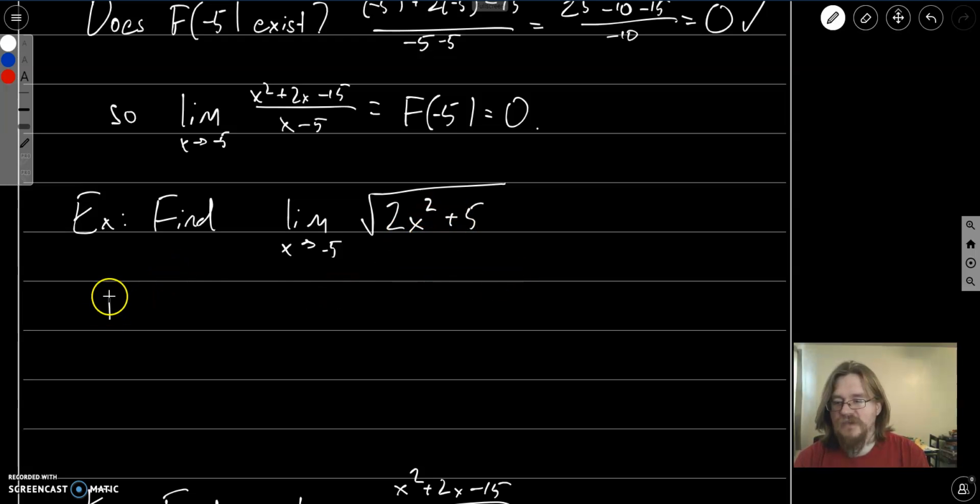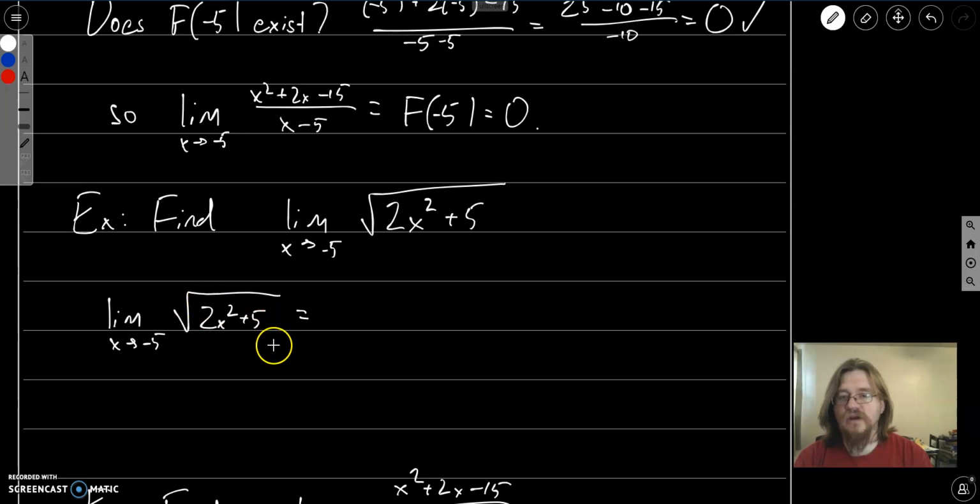So what I'm going to do is use one of our properties, and then we'll see that we have a rational function. If I want to take the limit as x approaches -5 of the square root of 2x squared plus 5, I'll remind you that the square root of a function is just that function raised to the 1/2 power. And we have a property of limits that deals with exponents.